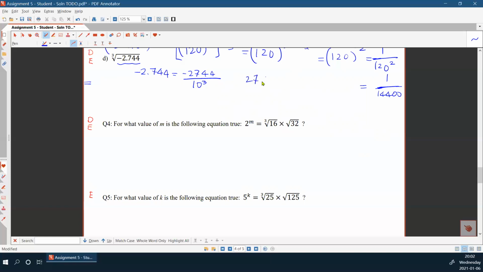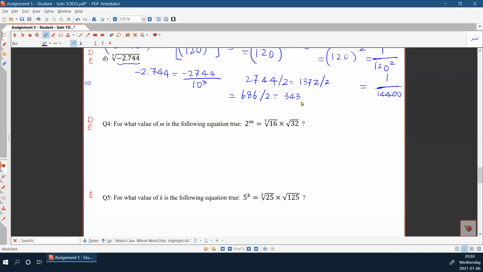So next, let's check if we can factor this number. Let's try from a 2. This number divided by 2 gives us 1372. 1372 divided by 2 gives us 686. Again, it can be divided by 2, which gives us 343.